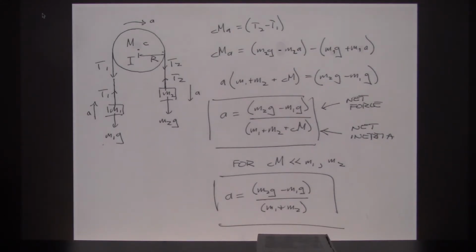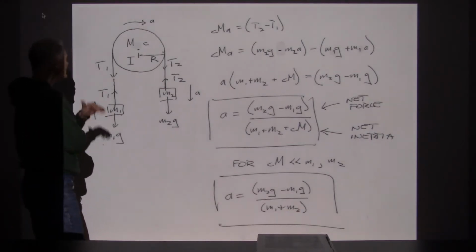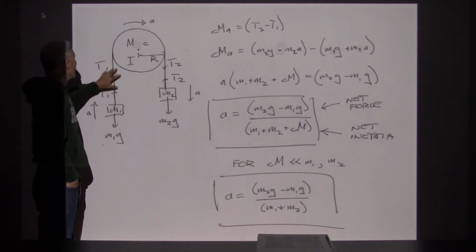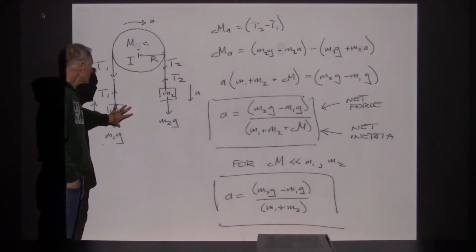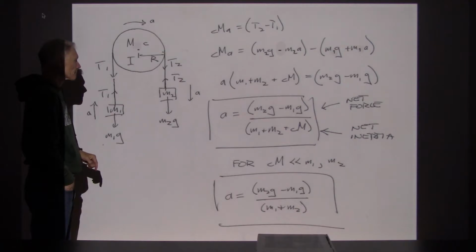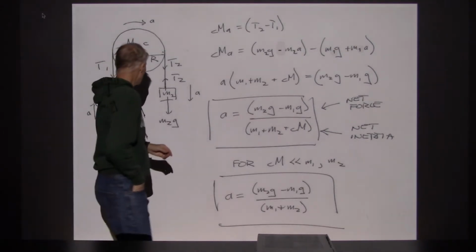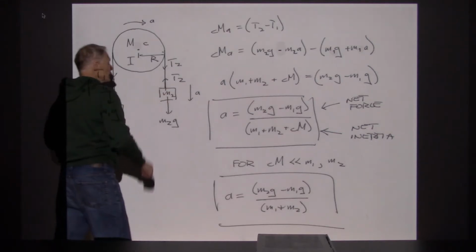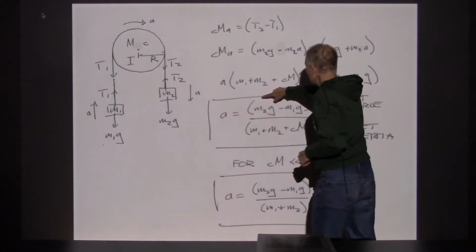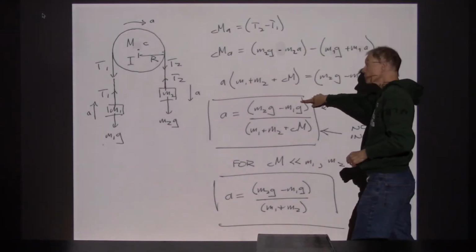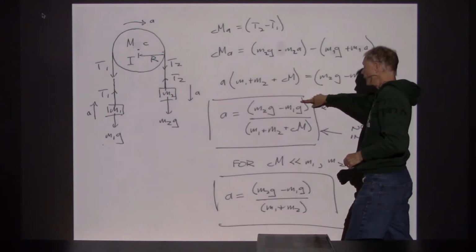Now this is similar to some examples we looked at in chapter 10, but this is the first time we've actually looked at two different tensions and bringing together three objects. So if I look at the system, it's being driven gravitationally. The gravity pulling down on M2 is being opposed by the gravity pulling down on M1.